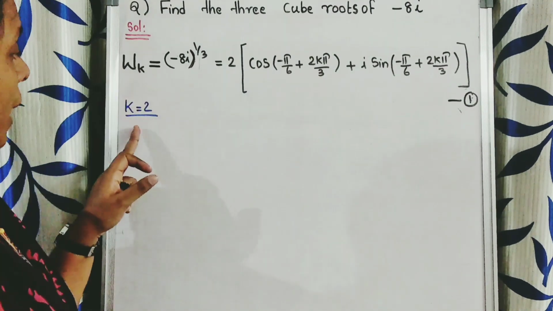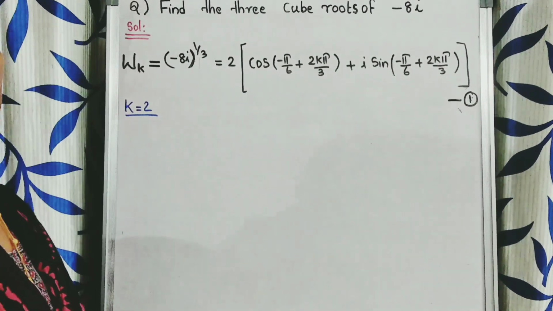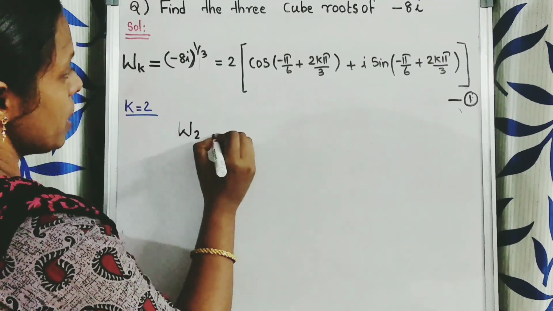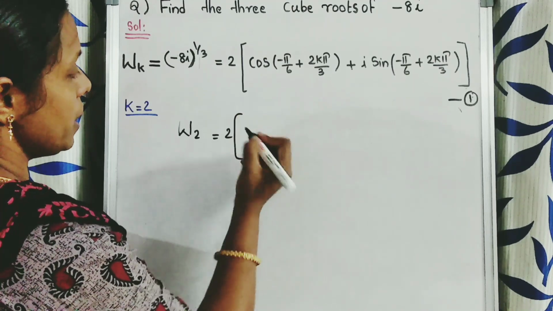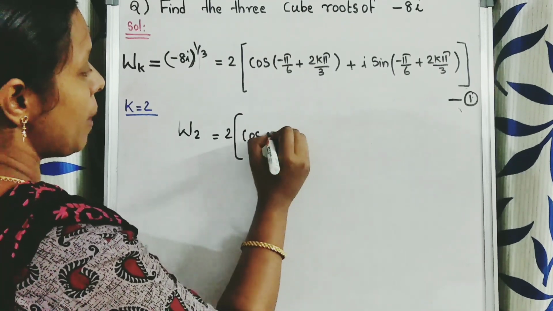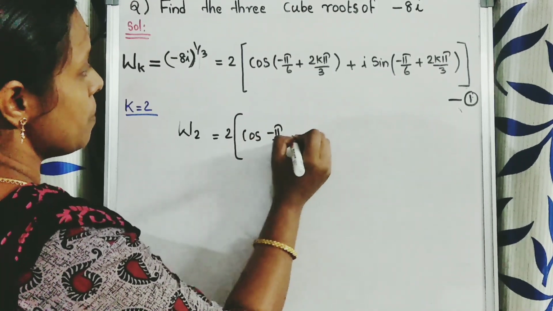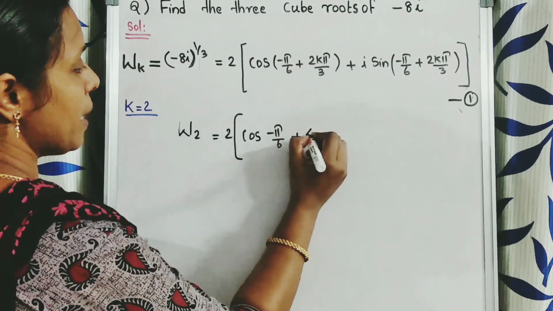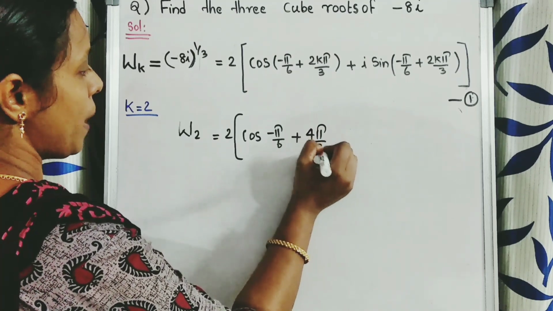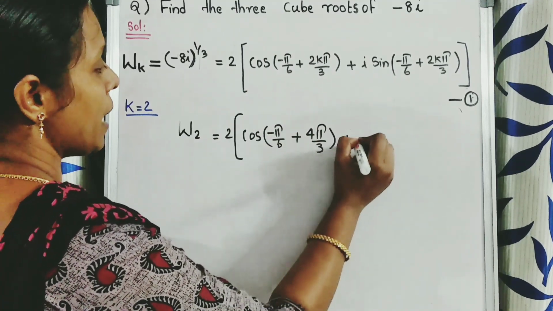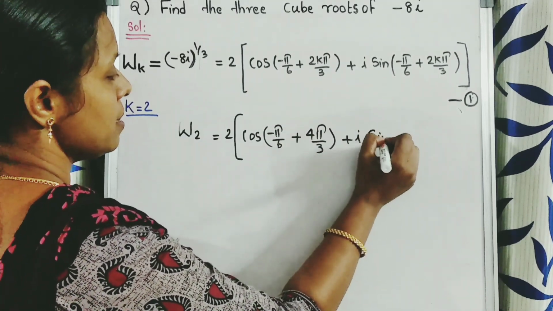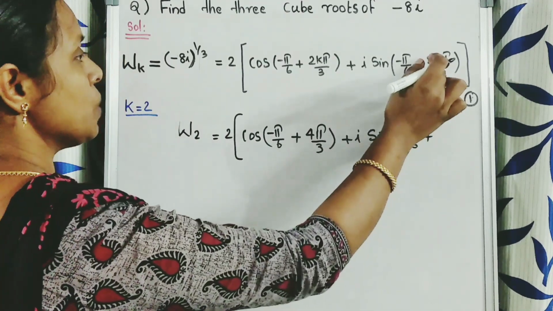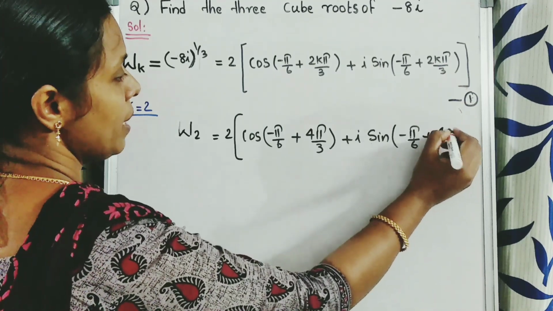Next we put k equal to 2 in equation 1. Then we get omega 2 is equal to 2 into cos of minus pi by 6 plus, here k equal to 2, we get 2 into 2, 4 pi by 3, plus i into sine of minus pi by 6 plus, here k is 2, we get 4 pi by 3.